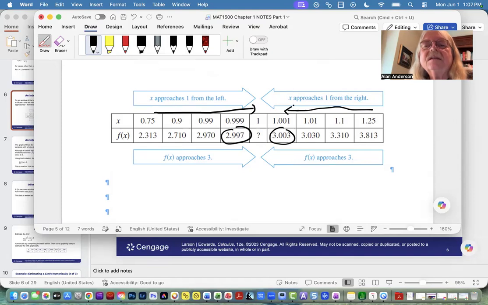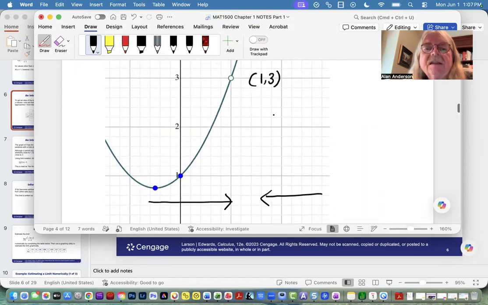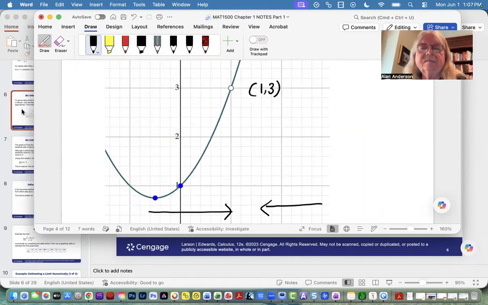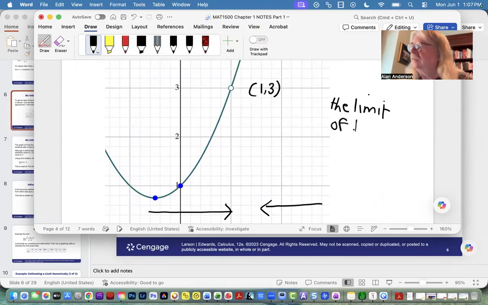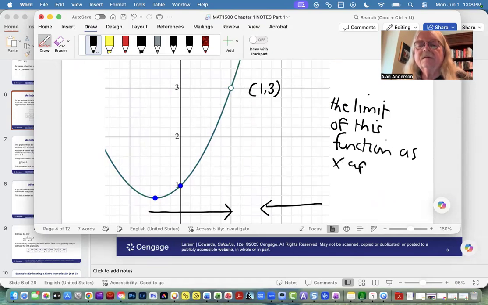So what we say here then is that while we can't actually directly substitute 1 into this function, we say that the limit of this function as x approaches 1 is 3.